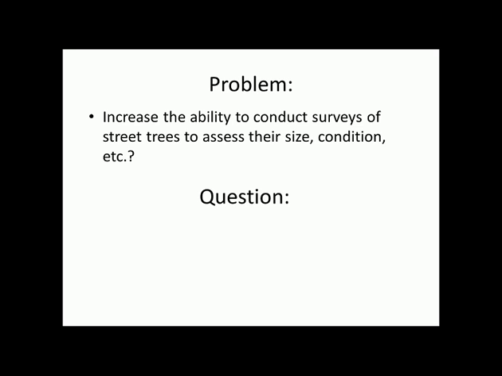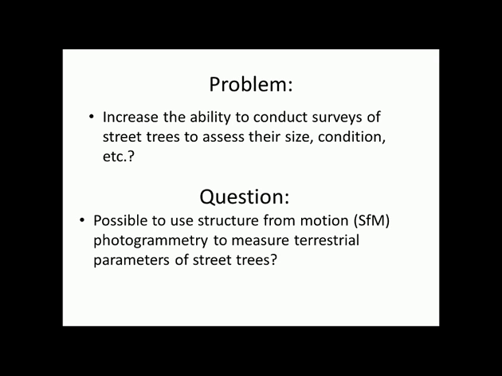So, given the limitations like shadow and overly repetitive image compositions, occlusions, things that are problematic for photogrammetry programs like PhotoScan, is it possible to use it to get physical parameters of street trees?